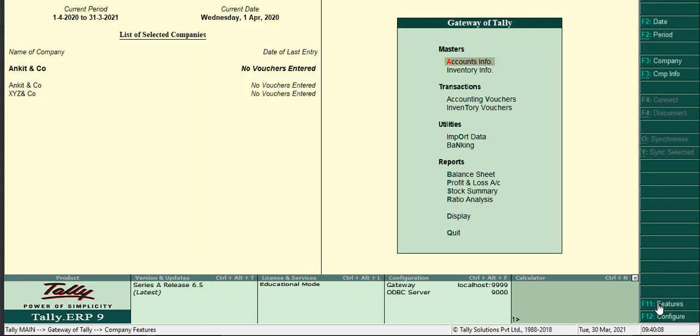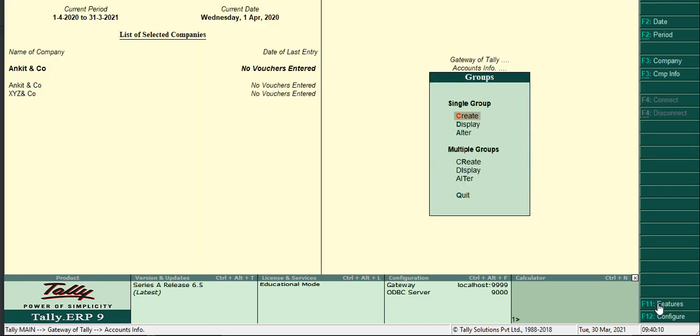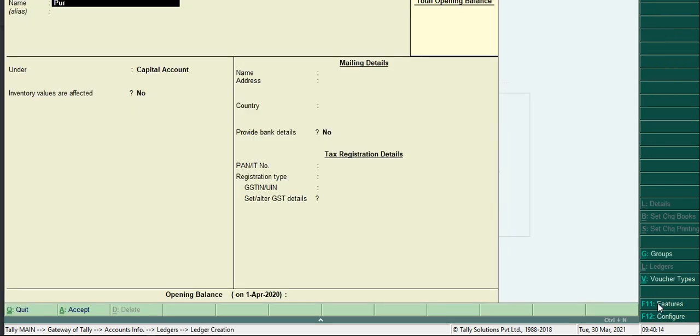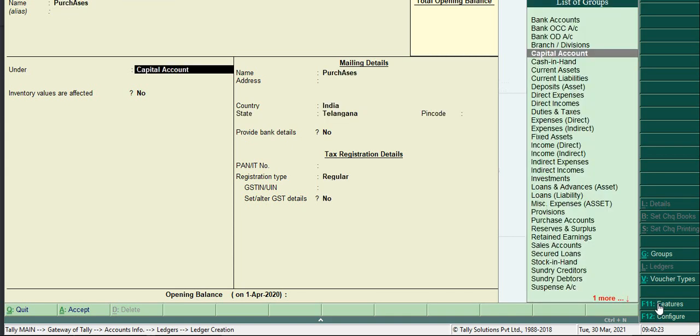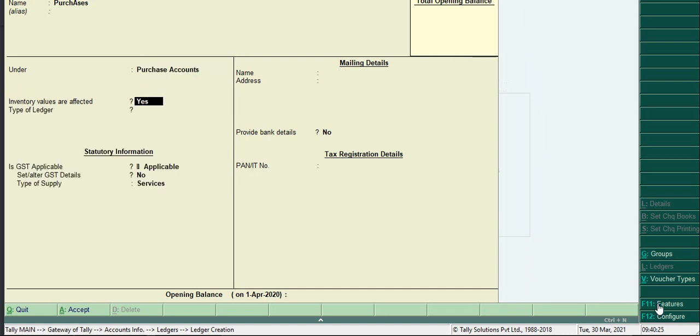Now first we have to create some purchase ledger. We'll go with purchases. Purchases comes under purchase accounts. Applicable GST is not required. Services is goods, that is the type of supply. Next we have to create the sundry creditor ledger.